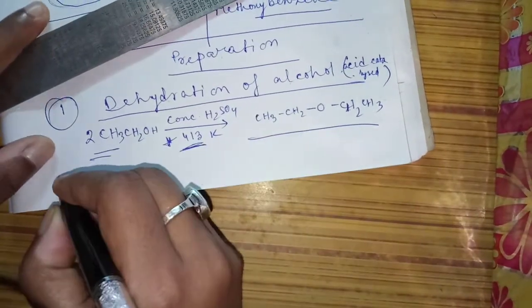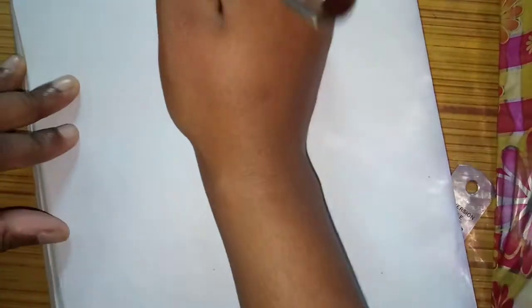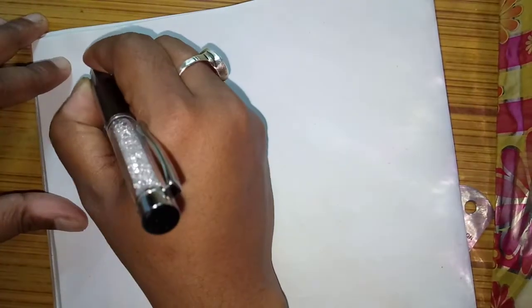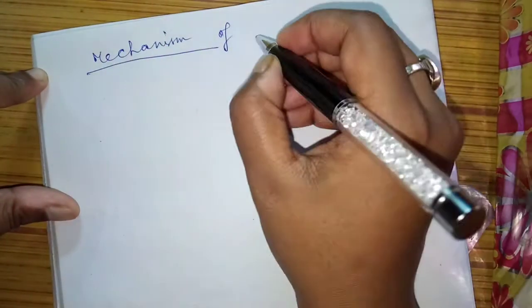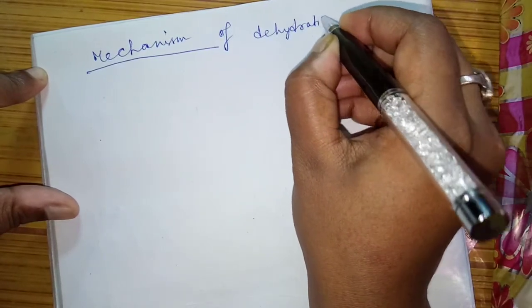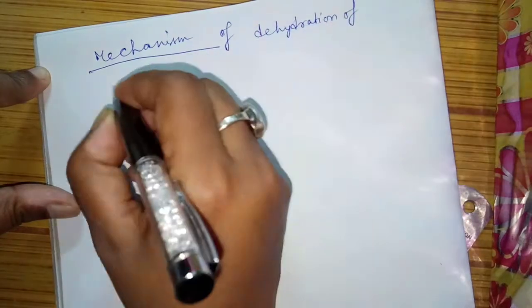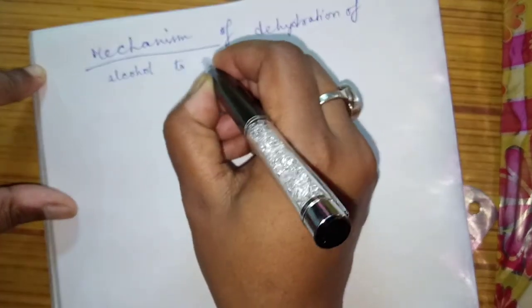First step, I am showing you the steps. First step is protonation, the mechanism I am showing you. Okay, so this is the mechanism of dehydration of alcohol to ether.